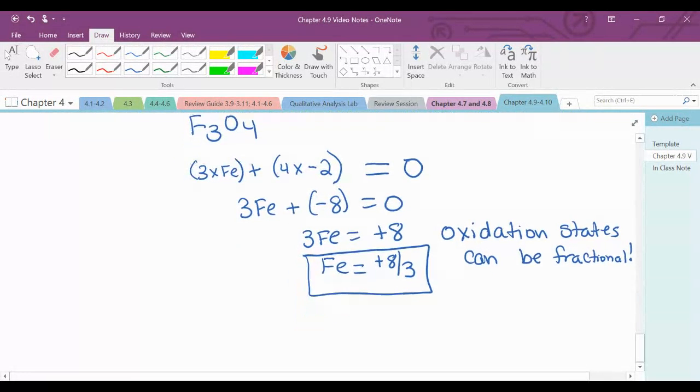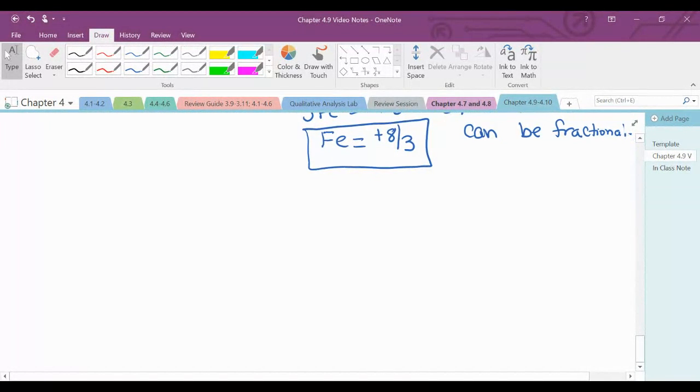So let's look at characteristics of oxidation reduction reactions.